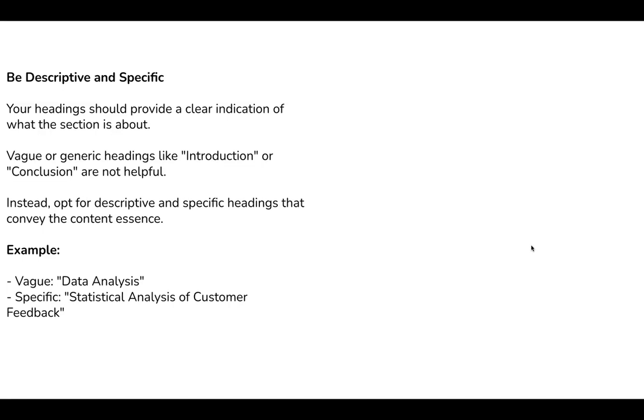Because when they read data analysis as the heading, they'll be like, okay, what are we analyzing? What are we going to talk about? So just be descriptive and specific so you make it easy on your readers to know what they are going to read in that particular section.